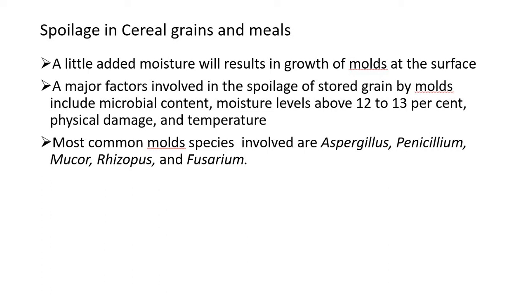If these cereal grains are moistened a little bit, or if the moisture level increases to just 14%, 15%, they will get spoiled. The most common mold species involved in the spoilage of cereal grains are usually Aspergillus, Penicillium, Mucor, Rhizopus, and Fusarium.